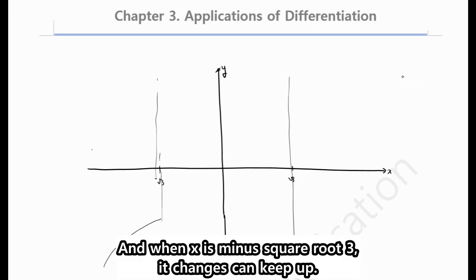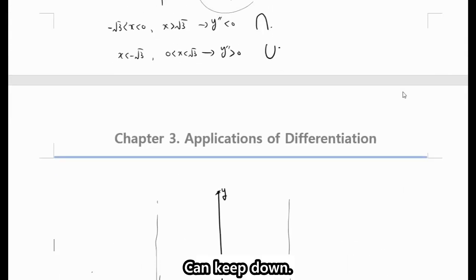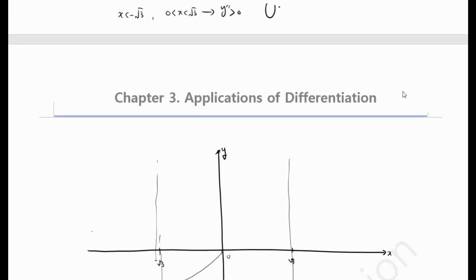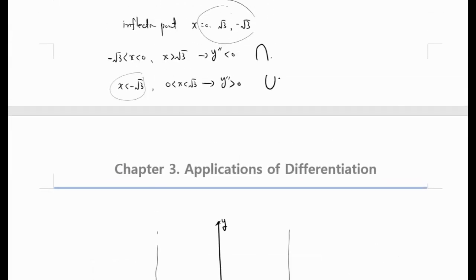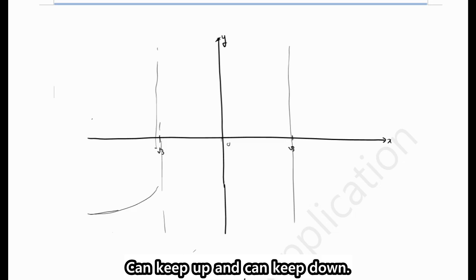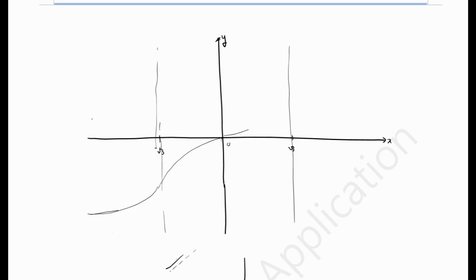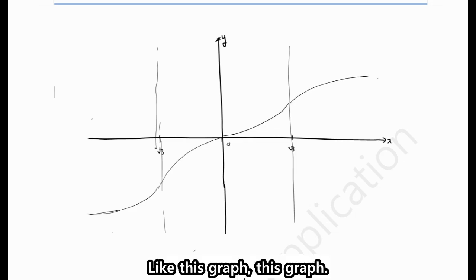When x is minus square root of 3, it changes to concave down. At x equals 0, it changes to concave up. Then concave down, concave up and concave down, like this graph.